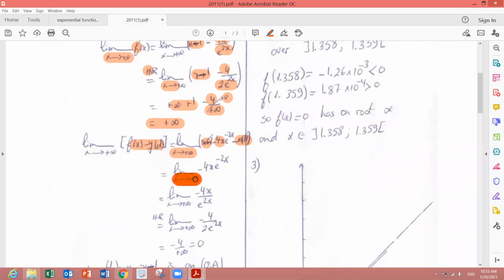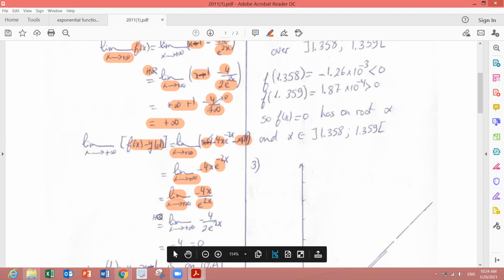It is limit as x tends to plus infinity of minus 4x times e power minus 2x. هيدا شفنا فوق انه بيطلع infinity times 0. هيدا بيصير infinity times 0 indeterminate. فيكم تحطوا على جنب هون equal infinity times 0 indeterminate. We change the form. بيصير limit as x tends to plus infinity minus 4x. ال e minus 2x بينزل بيصير e power 2x. It will become infinity over infinity here.